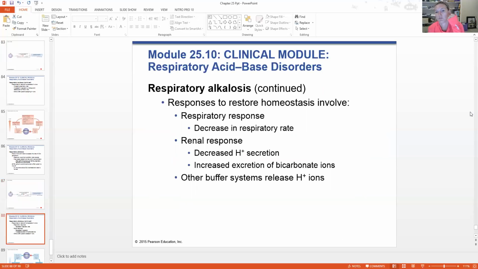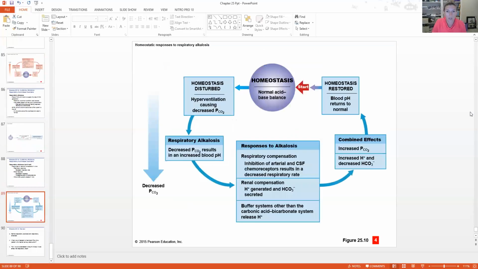So overall respiratory response is a decrease in respiration rate in alkalosis, decrease in hydrogen ion secretion at the kidneys, an increase in excretion of bicarbonate ions, and all of the other buffer systems are going to be releasing their hydrogen ions to get our blood pH back down to where it needs to be. And so our buffers, this is just the overall review here, right? Buffers are releasing our hydrogen ions like the bicarbonate buffer, the carbonic acid, overall increasing our hydrogen ion concentration.